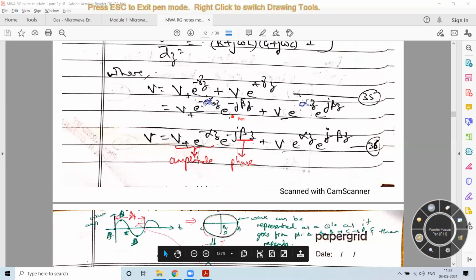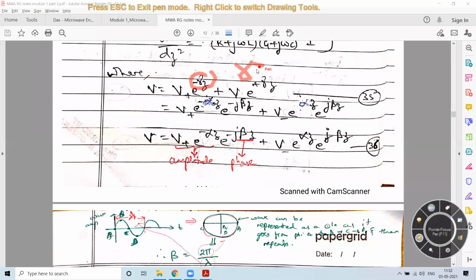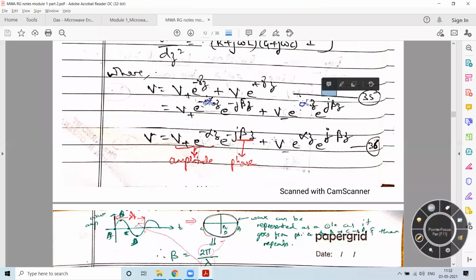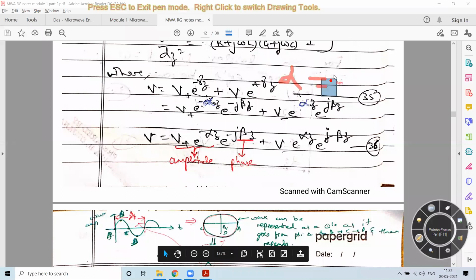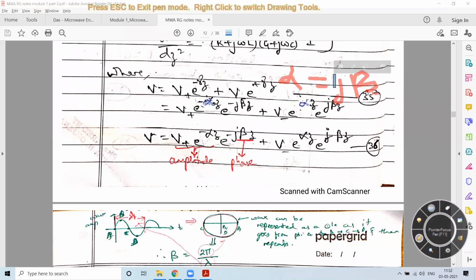Now, since we know that gamma is equal to alpha plus j beta, we substitute this value in this entire equation.